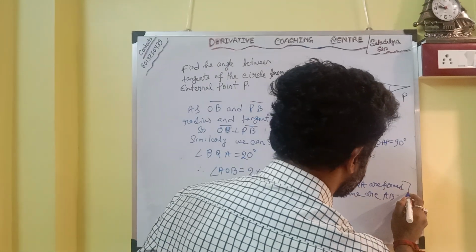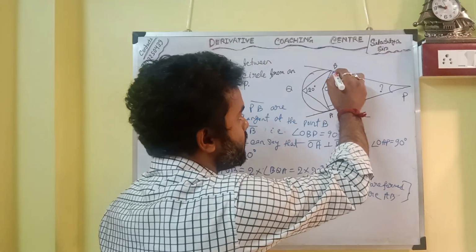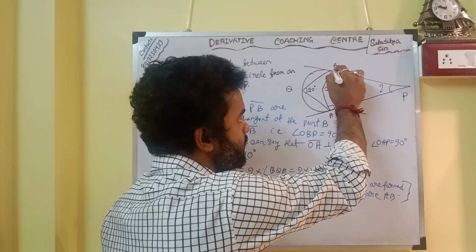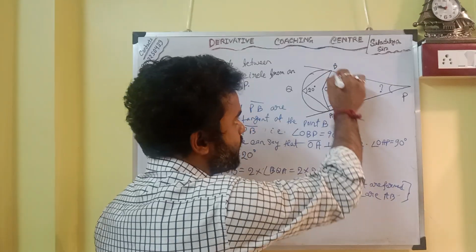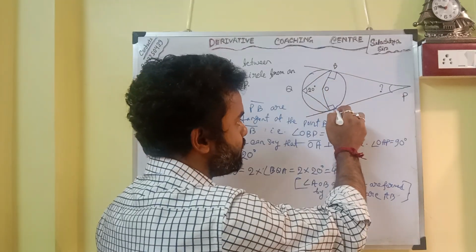So this also is a theorem. Look, this angle AOB is subtended by this arc, and angle AQB is also subtended by the same arc AB.